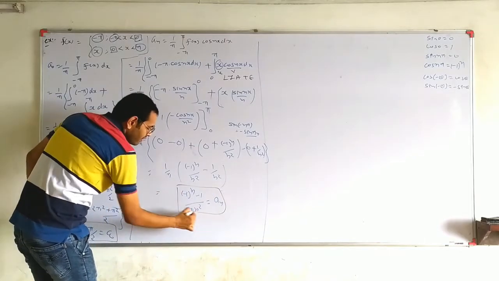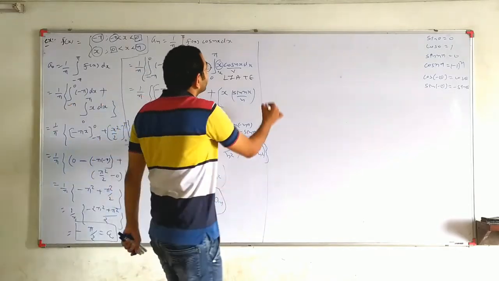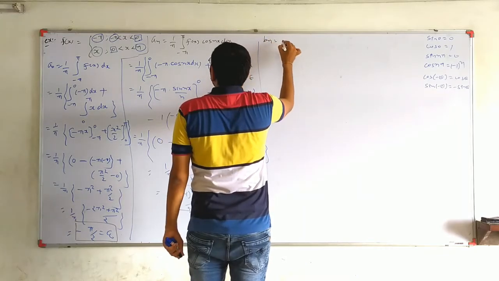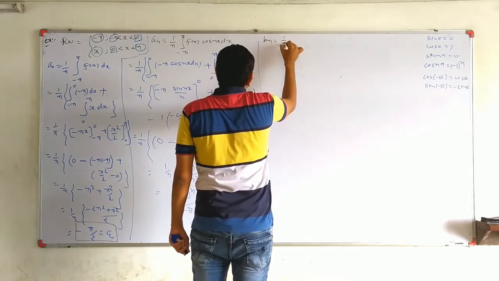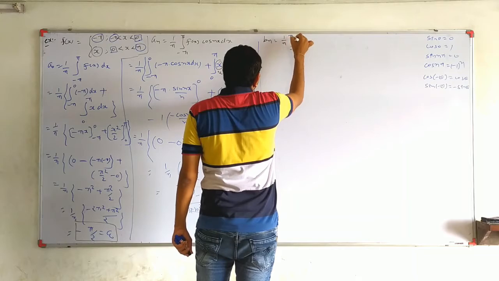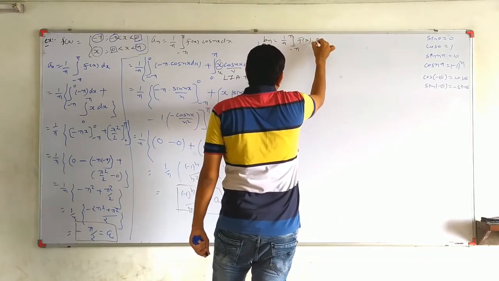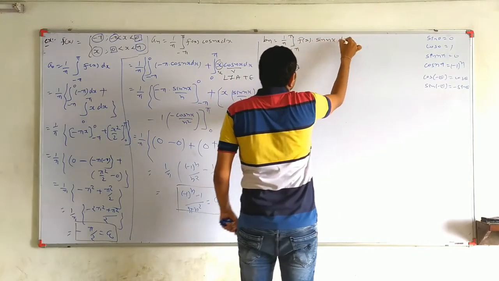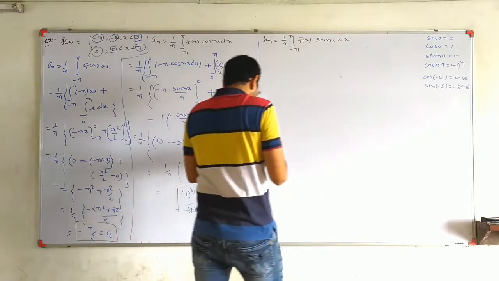Similarly, we can find bn. bn equals 1 upon pi integral from minus pi to pi f of x sin nx dx.